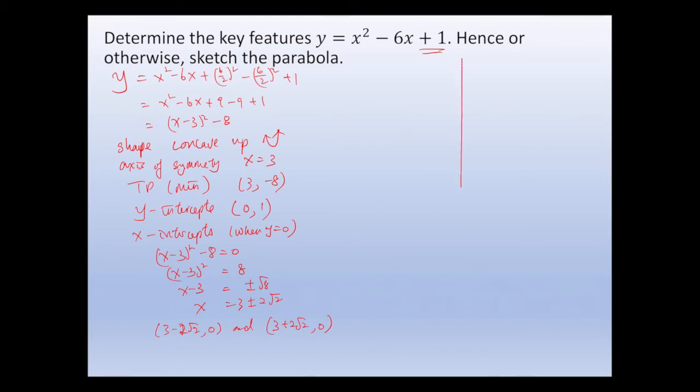Alright, we can now sketch the parabola. y, x. We know that the axis of symmetry is x equals 3, and the turning point is 3, minus 8.